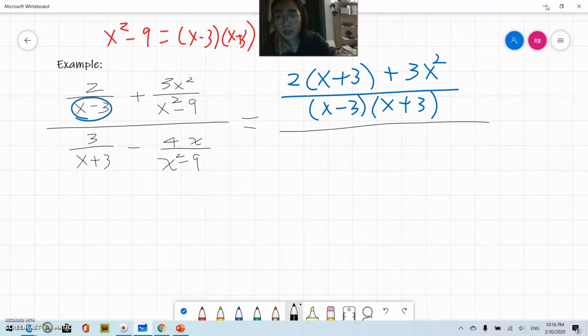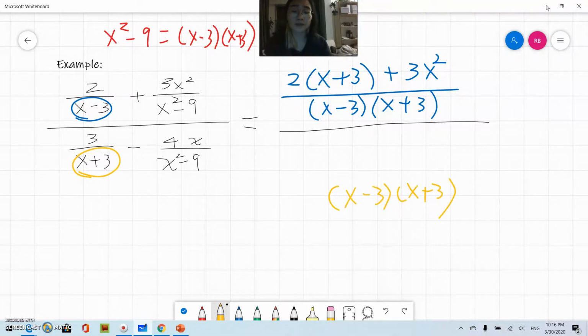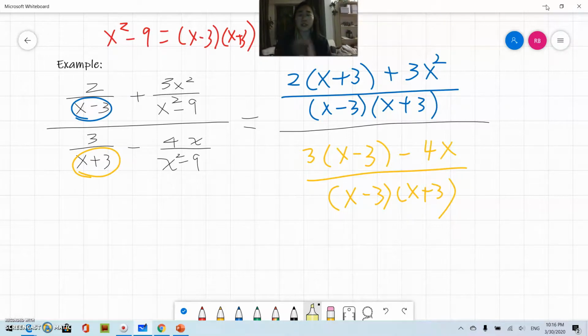Over, and if you look at the bottom, even though this is x plus 3, they will become the same common denominator as the top. And then this one is missing x minus 3, and this one doesn't miss anything. Okay, do you remember the cancellation rule in a complex fraction?